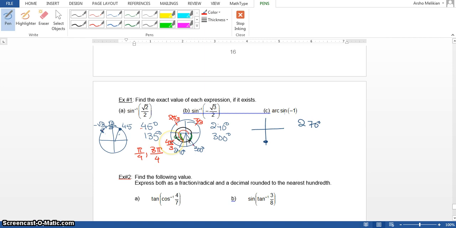And what about this one? 5 pi over 3. I'm just listing all of them. So the answer to this one is 4 pi over 3 and 5 pi over 3. And 270 will be 3 pi over 2.